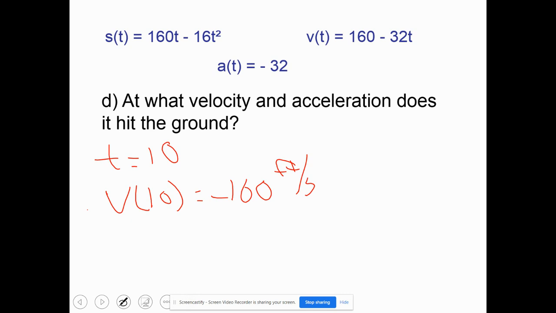It's negative because it was coming down at that speed. And my acceleration at 10, well, gravity's acting on it. The time really doesn't matter. Gravity is always going to be pulling at negative 32 feet per second squared, until it hits the ground, and then you have a domain that has ended, and your acceleration and velocity and position are all going to be 0 after that.